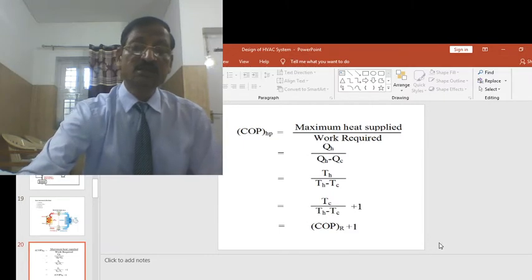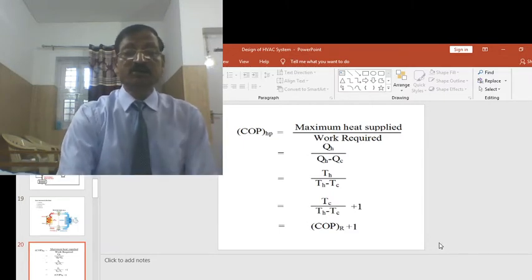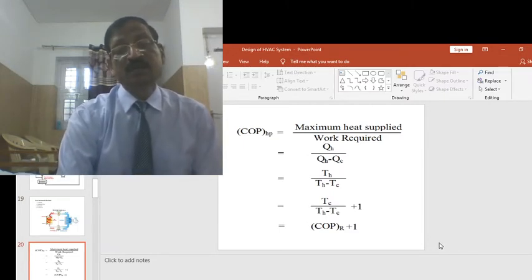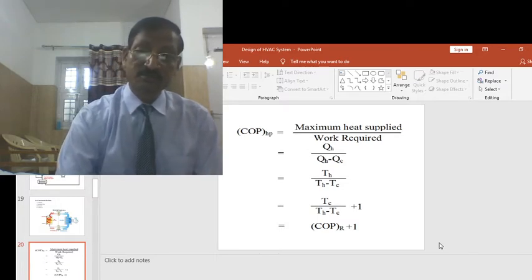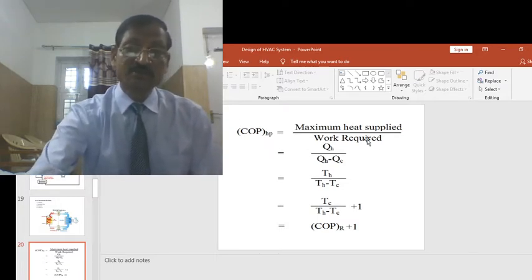You can see the COP, that is coefficient of performance. If we work out the coefficient of performance of a heat pump, it is higher than the coefficient of performance of the refrigeration system. This is the COP: maximum heat supplied over the work required, QH upon QH minus QC.